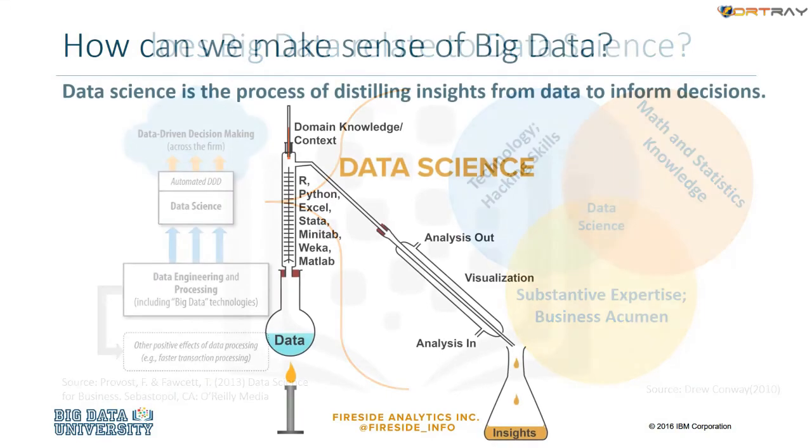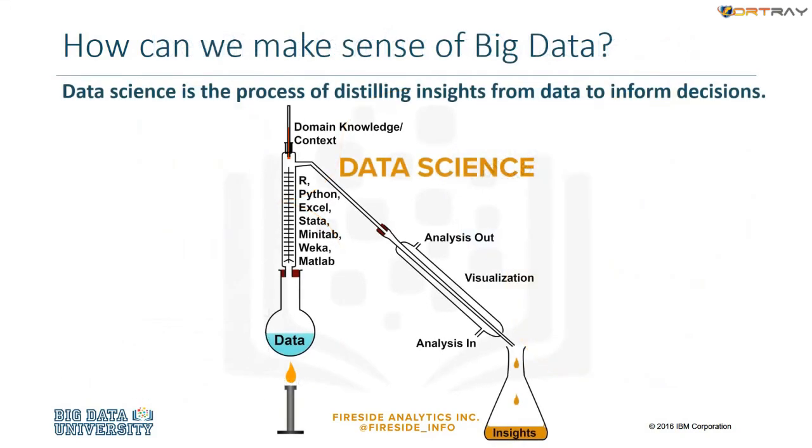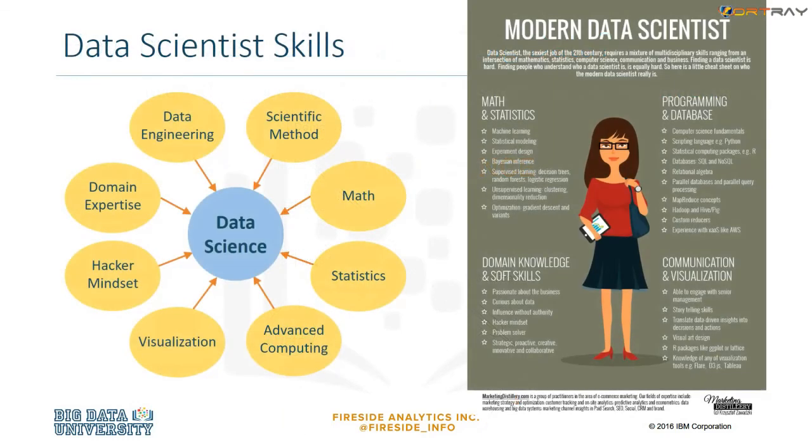Data science is the process of distilling insights from data to inform decisions. A data scientist is a person who is qualified to derive insights from data by using skills and experience from computer science, business or science, and statistics. Here are more skills that a data scientist must have.